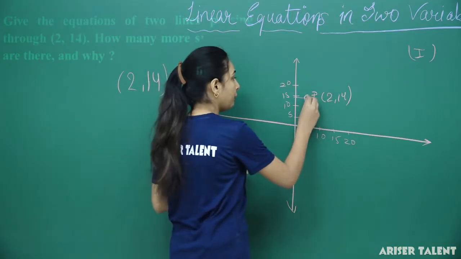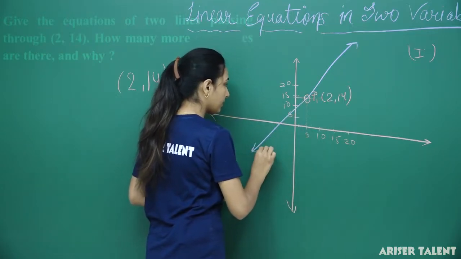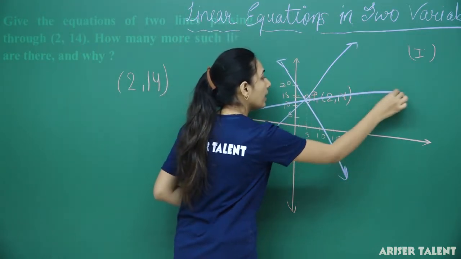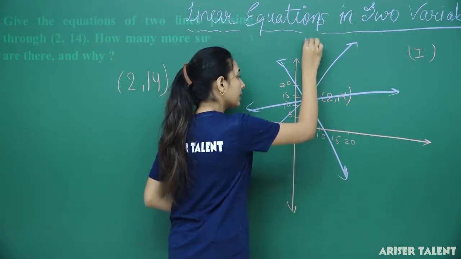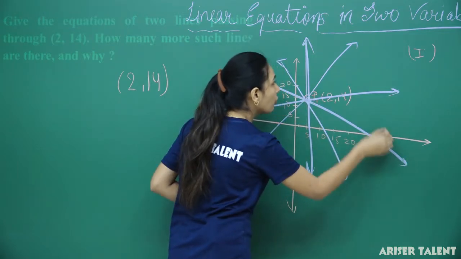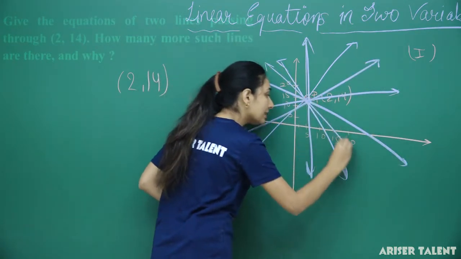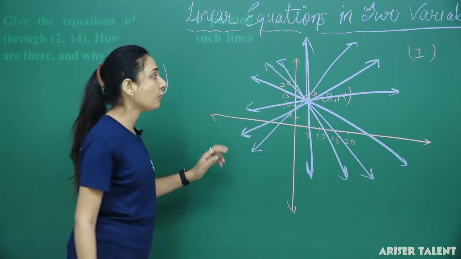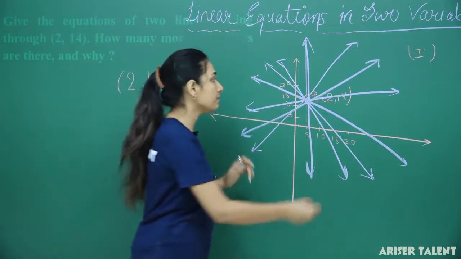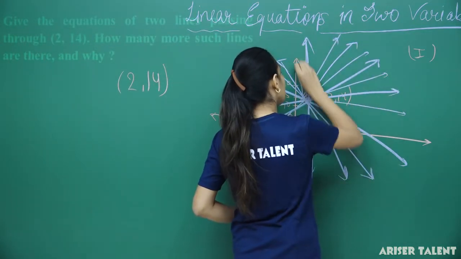If you want a proof, this is a line passing through P. Again this is a line here, and again another, passing through point P, in each and every direction.